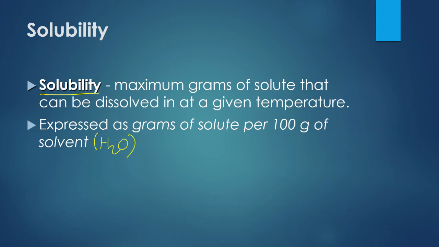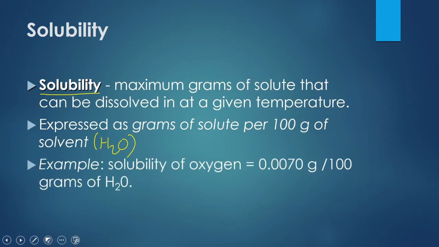For example, the solubility of oxygen can be 0.070 grams per 100 grams of H2O. So you see you have that first value, which is the mass of the solute, and then you have the grams of solvent, which is typically 100. And you've got to remember that the amount will change depending on how much solvent you have.